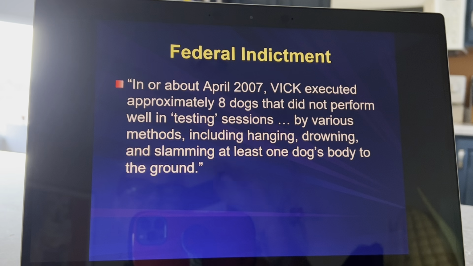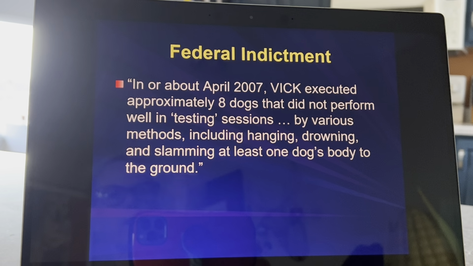This is a quote that's taken directly from his federal indictment. Vick, when he was accused, said, I didn't know they were running a dogfighting ring on my property. I'm never there. It was the people who live there. Well, there was evidence, and mostly video evidence, to suggest that he actually participated in the dogfighting. And when the dogs did not perform, when they refused to fight, he actually was involved in killing them.